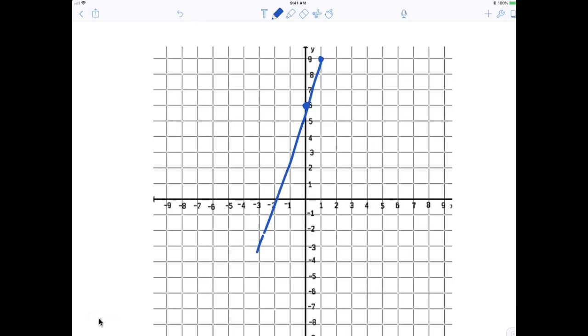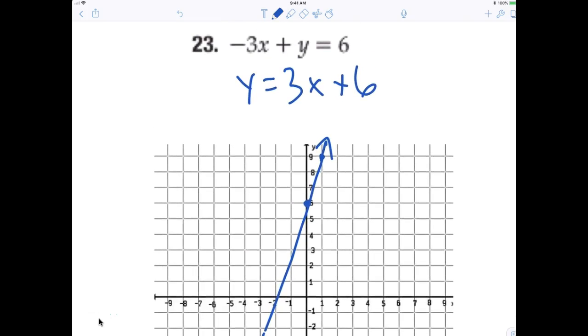Simple, simple. Anybody have any issues with that? Wait, can you scroll up a little? Yes, ma'am. Is that good for you? Good? All right, anybody unsure? Tell me.